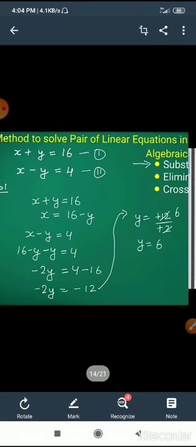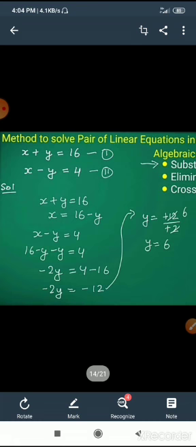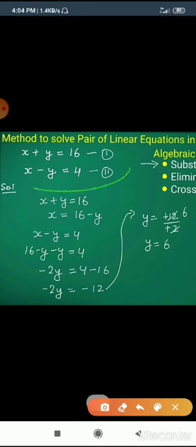For example, if you see the example then you can understand well. Here a pair of linear equations is given: x plus y is equal to 16 and x minus y is equal to 4. To solve this, from the first equation we consider x in terms of y. So x is equal to 16 minus y.